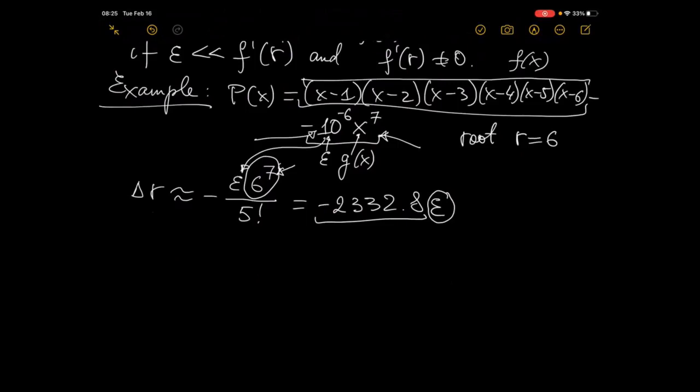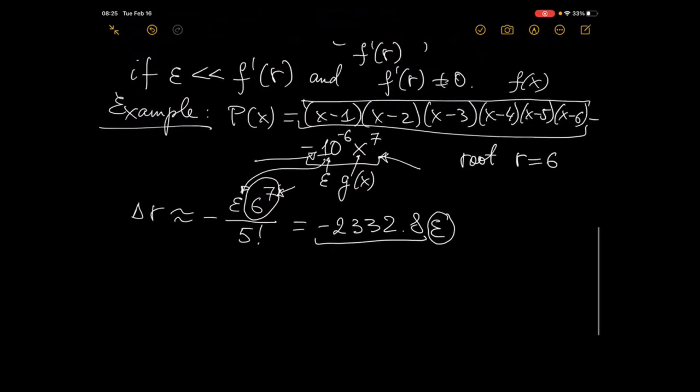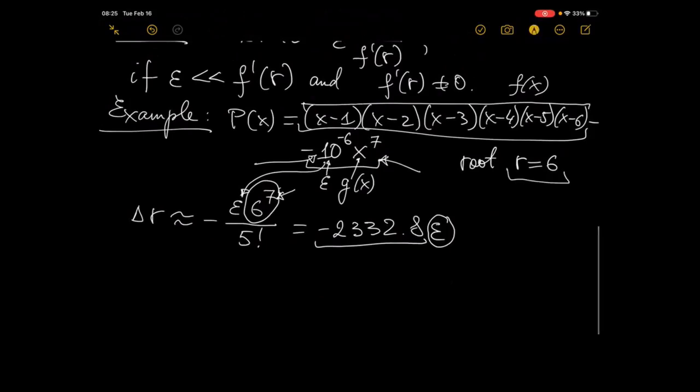So if we try to find the root r equal to 6, because of this distortion of our equation, what we will get will be approximately 6.002328. So essentially this is a good estimation. You see, we got the first several digits right.